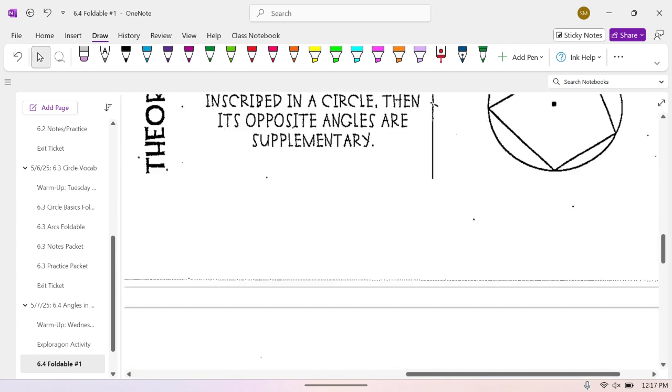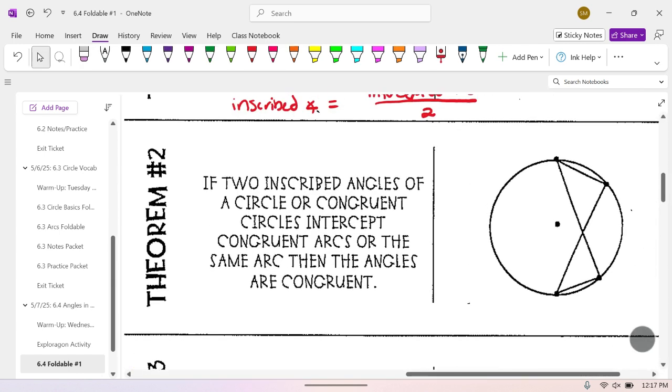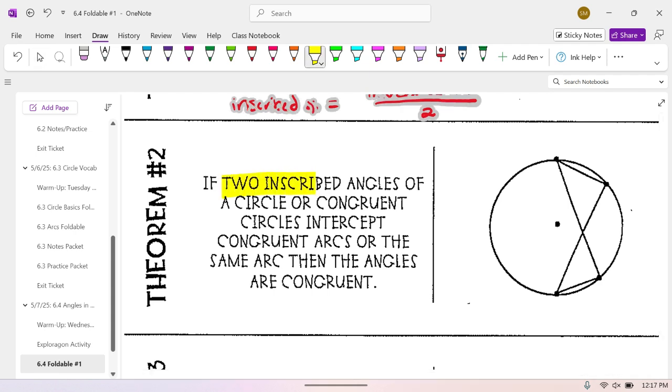All right. Let's look at another theorem for inscribed angles. Theorem 2 states that if two inscribed angles of a circle intercept congruent arcs or the same arc, then the angles are congruent.